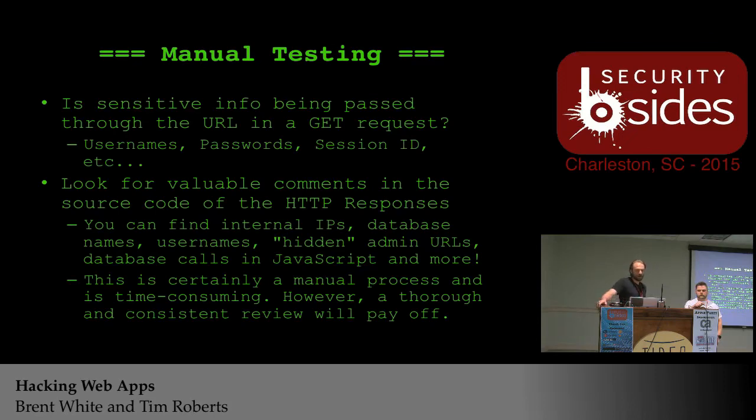Look for valuable comments in the source code. Oftentimes, if you view source, you'll see some comments made by developers about the functionality of the application, but you also might find some nice source code in there too that will help you understand more about how the application functions and passes information.